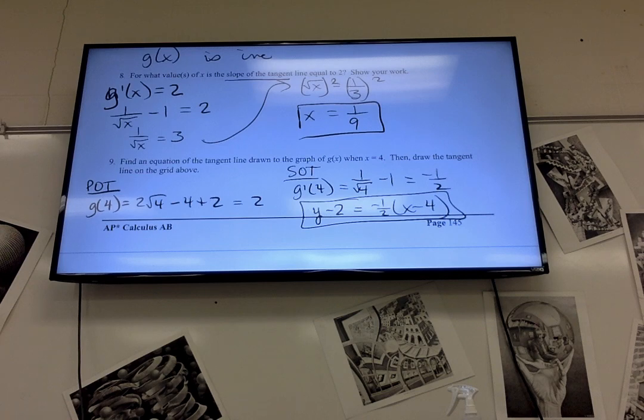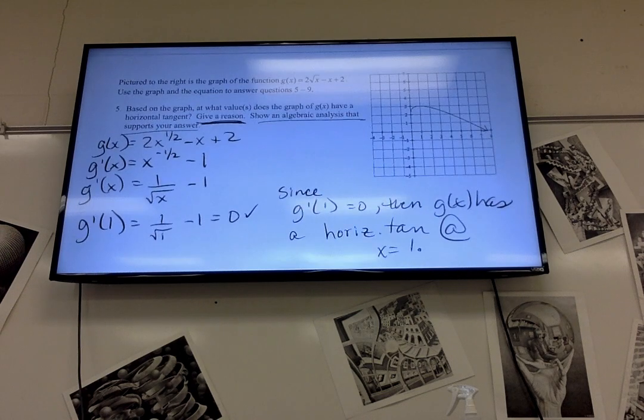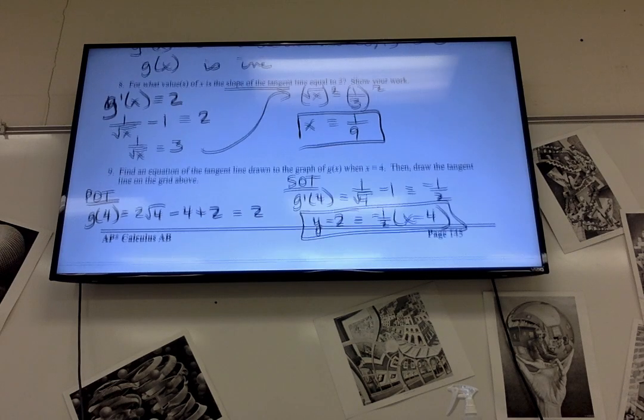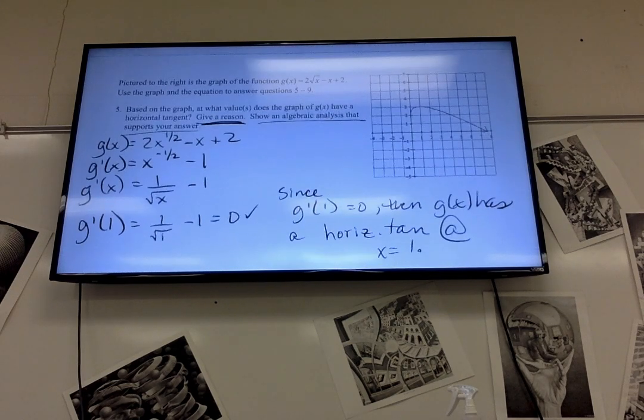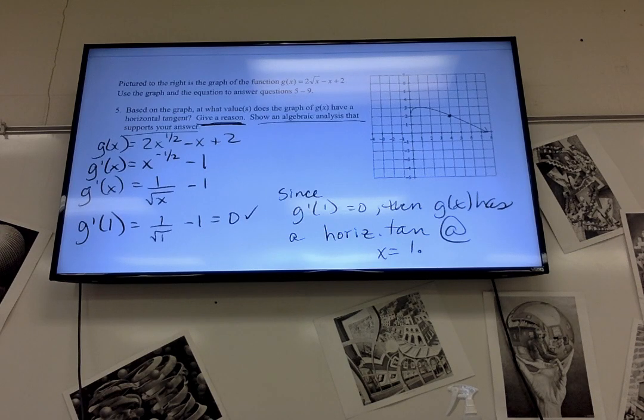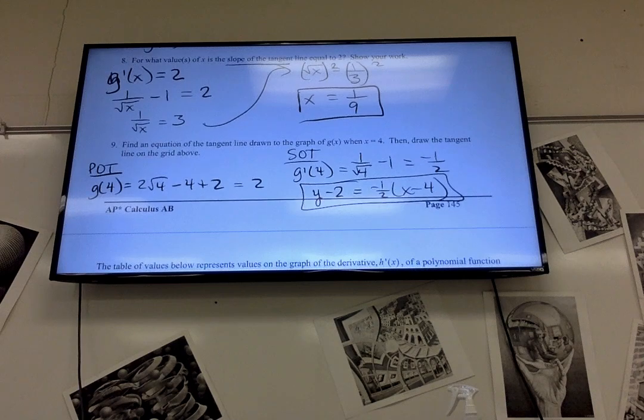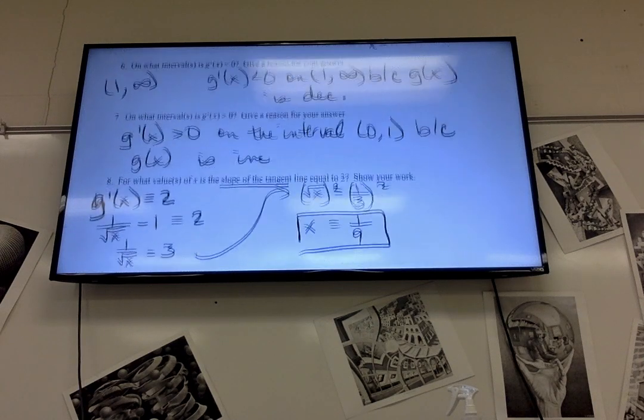And then we're supposed to graph that up here. We'll find positive 2. No, it's 4, 2. Yeah, it was 4, 2. Right here. And the slope at that point is negative 1/2.